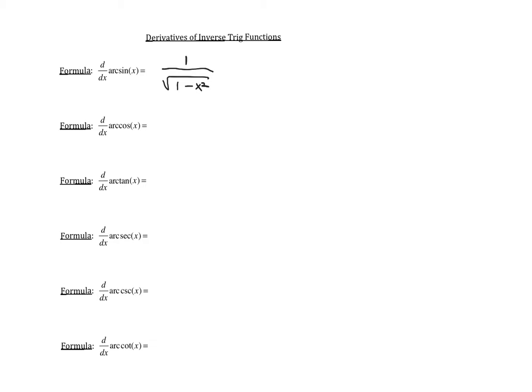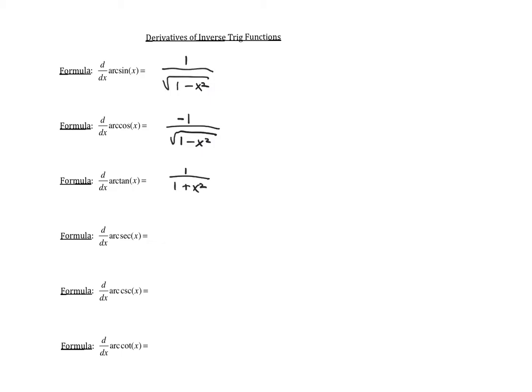If you look at the derivative of arc cosine, it's very similar. It's just going to be 1 over the square root of 1 minus x squared, and the way that differs from arc sine is there's just a negative. Okay. The derivative of arc tangent looks like this: it's 1 over 1 plus x squared.